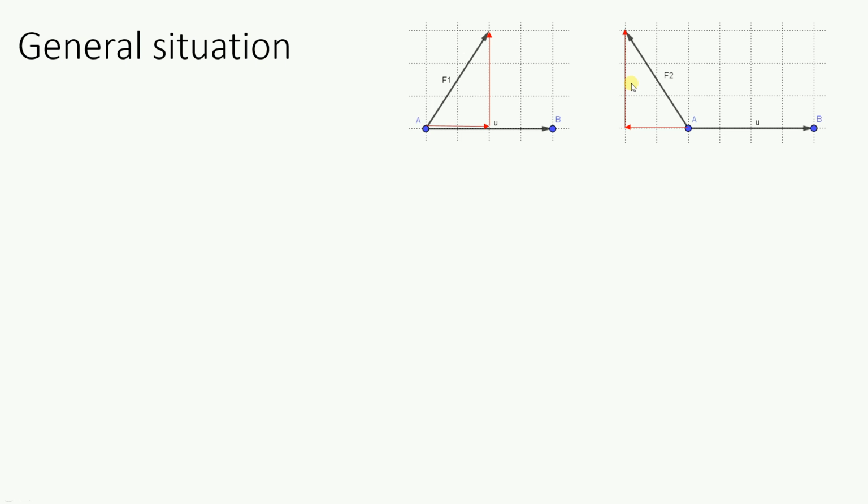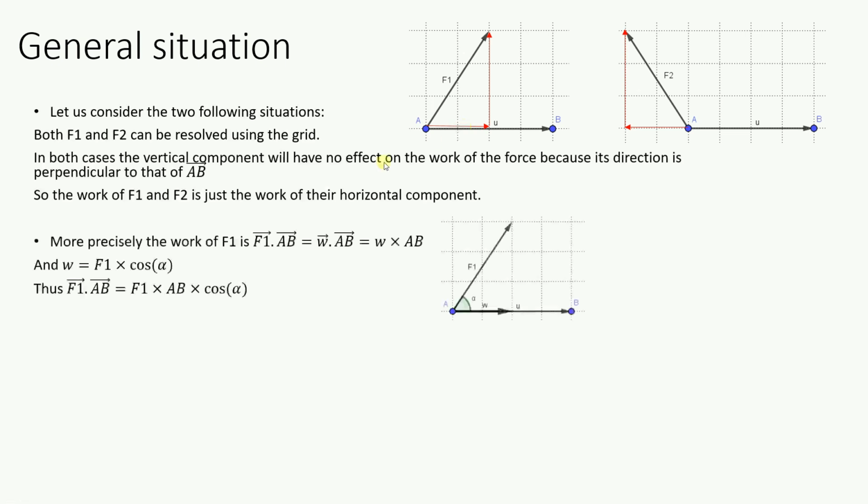They will not bring energy to the motion, they will not take away energy from the motion. So we just have to consider the horizontal components. To be more precise, I've labeled my horizontal component W. I can see that W has the same direction as vector AB, so my scalar product will just be W times AB. So the magnitude of W is what I want to calculate now.